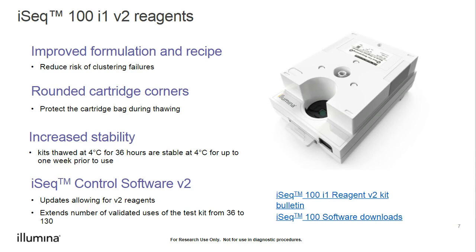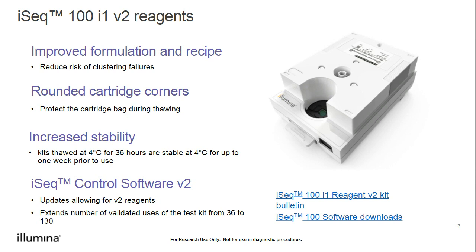To the reagents themselves, there have been some updates to the iSeq 100. We now have V2 reagents. Those have been available since April 17th of 2020. There are a number of improvements, including improved formulation and recipe, which reduces the risk of clustering failure on the iSeq 100. We've also rounded the cartridge corners to protect that cartridge bag, the foil bag, during thawing.